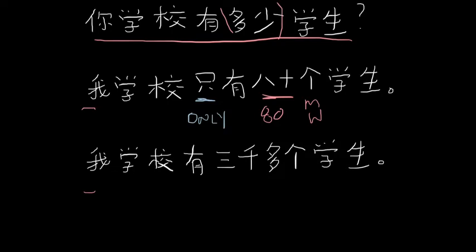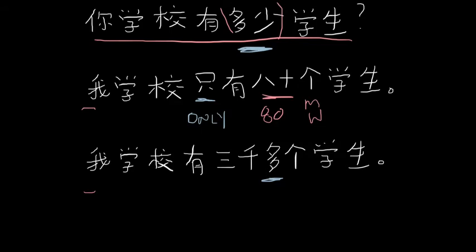And then the second one, you notice that 多 right there. 多少 is your question word, which means how many, how much. So 我学校有3000多, and whenever 多 follows a number, in this case it means more than.